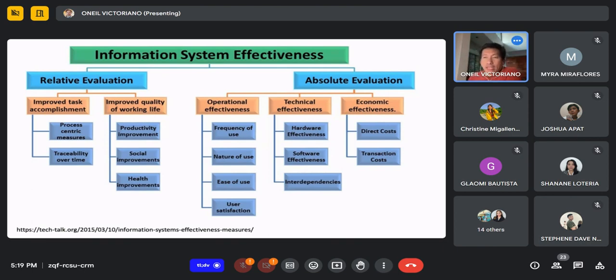So for example, if you're looking into automating a merchandising system, and then you're doing POS or point of sales. So what is the economic feasibility of that, not just the benefits?